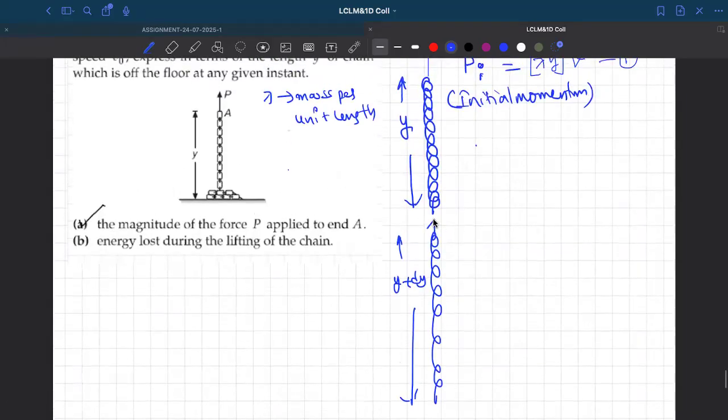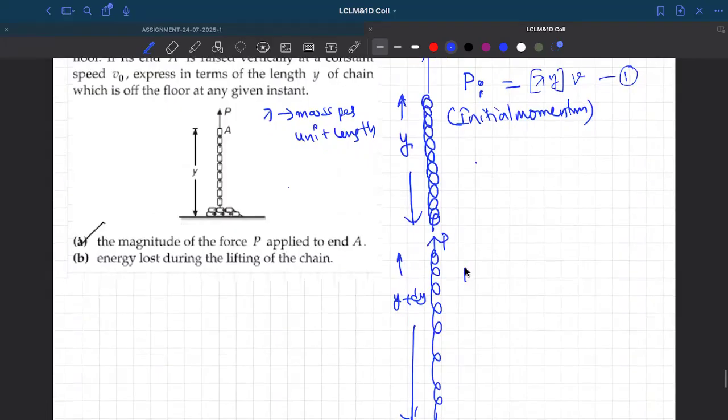You are still applying the same force P. So P final is lambda y plus dy times V. Equation 2.